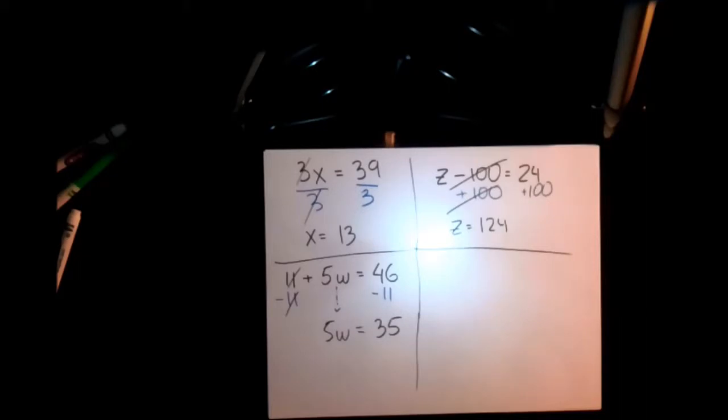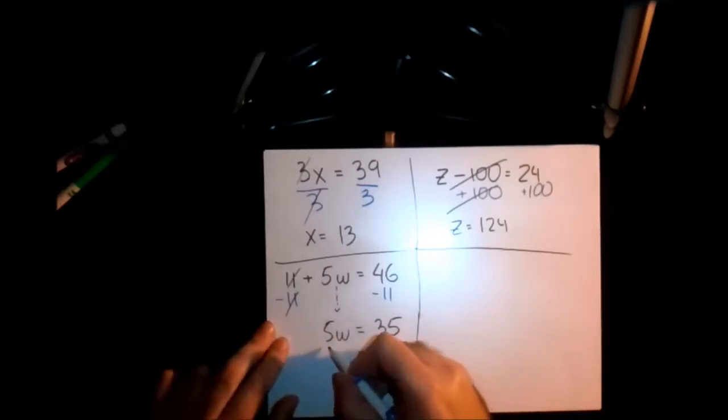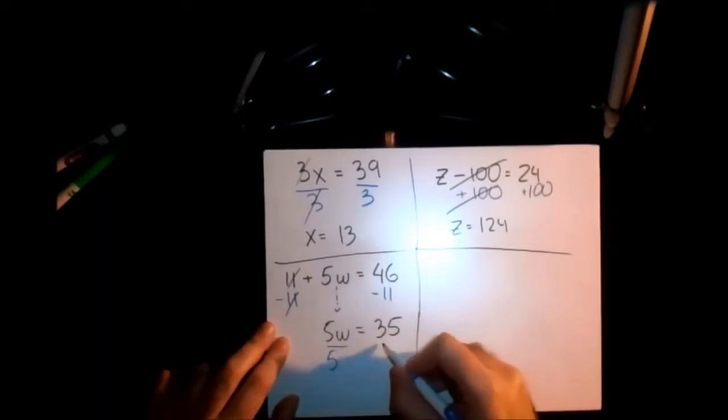Perfect. Now it's just like this problem here. You took care of one step, you only have one step left. You just have to get rid of the 5 times. What's the opposite of 5 times? Divide by 5, of course. On both sides, don't forget.